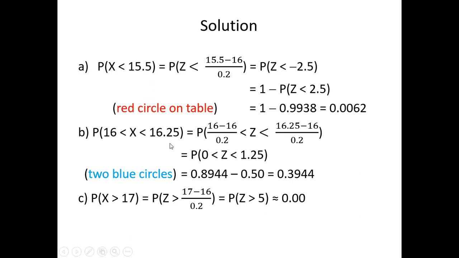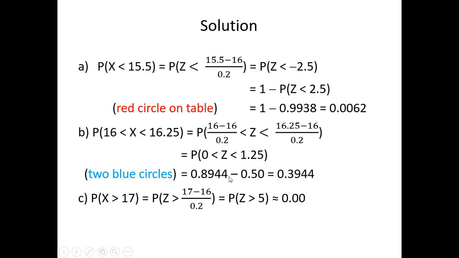For part B, we want the probability X is between 16 and 16 and a quarter. So transforming this to Z, the lower bound, 16 minus 16, is going to give us 0. The upper bound, I'm looking at 16.25 minus 16 over 0.2. That simplifies to 1.25.